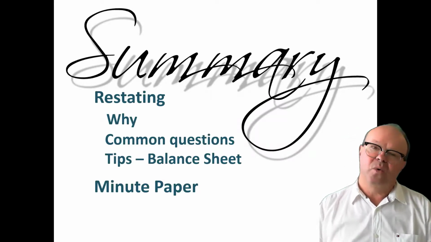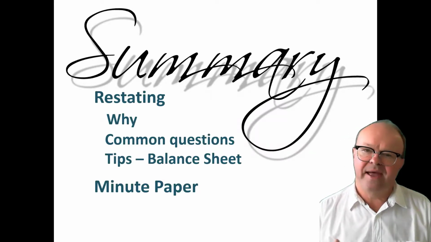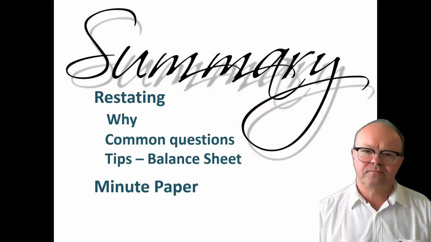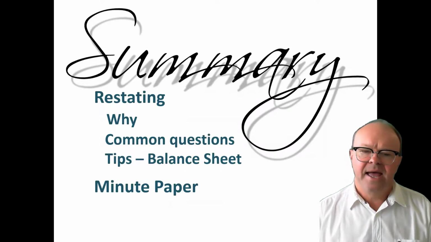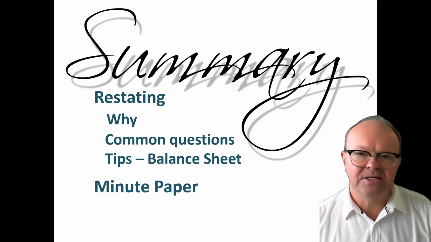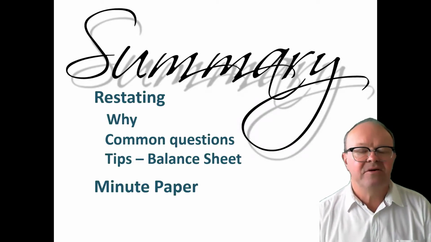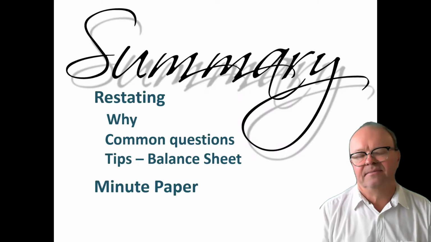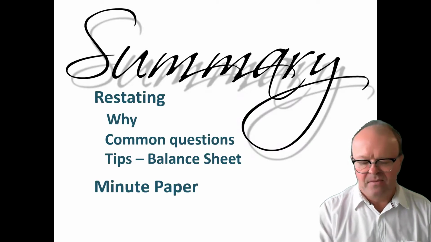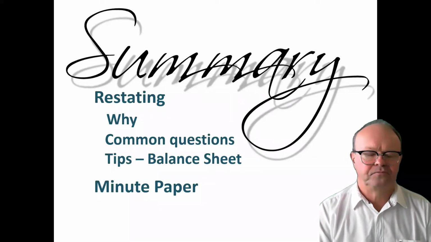We looked at some common questions you might have as you're going about it, and some tips around the balance sheet, for example, about how to help identify errors if it's not balancing. And then we had the minute paper.